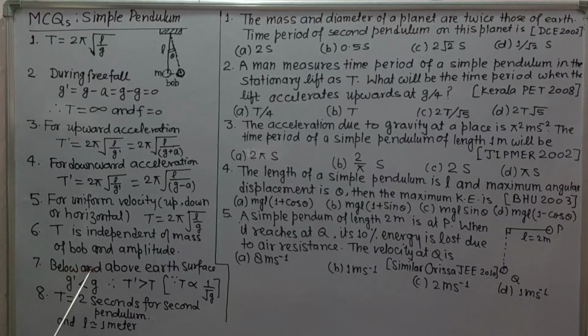Next, below the earth surface like in mines and above the earth surface like on the mountains, acceleration due to gravity is less than the acceleration due to gravity on earth surface. Hence, for second pendulum, time period is 2 seconds and length is nearly 1 meter.